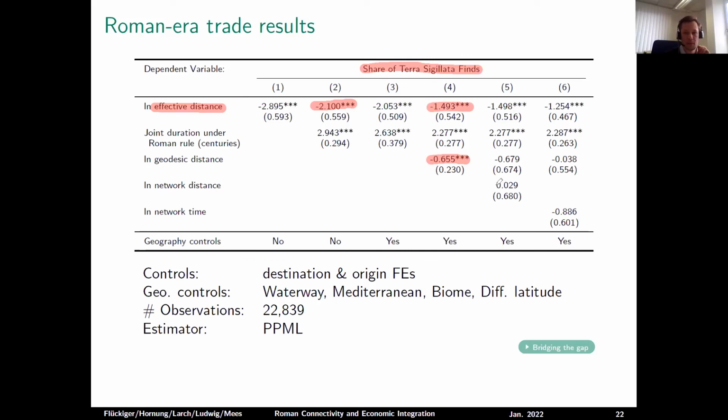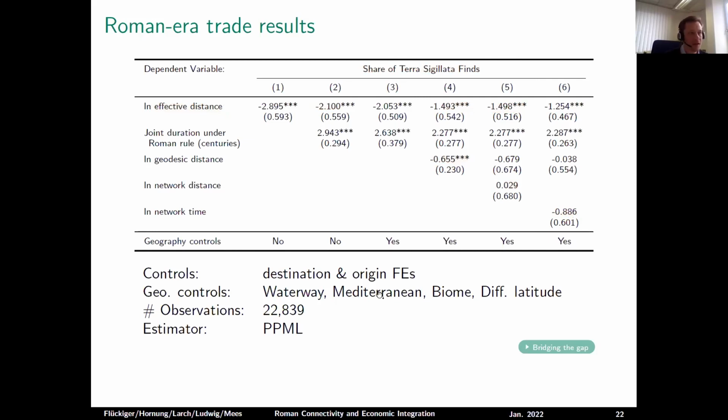It's not affected by the network distance. So these were the blue line that I showed you earlier, or the network time. And so our main measure of trade connectivity is significantly explaining trade patterns in the Roman Empire.